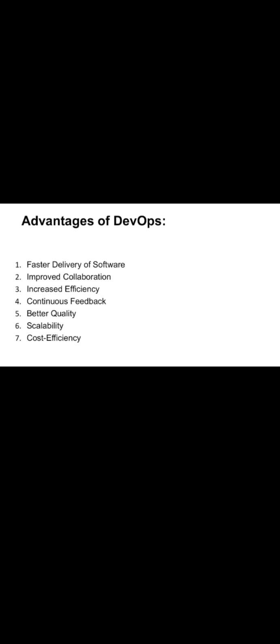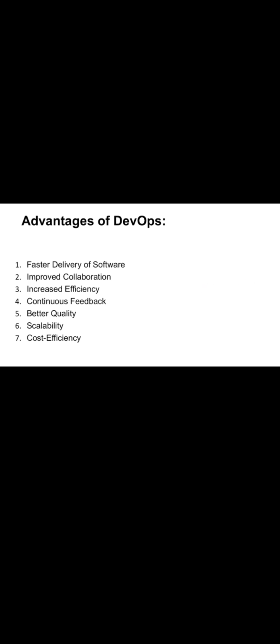Next, improved collaboration. DevOps promotes better communication and collaboration between development and operation teams, breaking down silos and building a culture of shared responsibilities. Improved collaboration is nothing but promoting better communication and collaboration between two phases, that is development phase and operation phase. Next, increased efficiency.